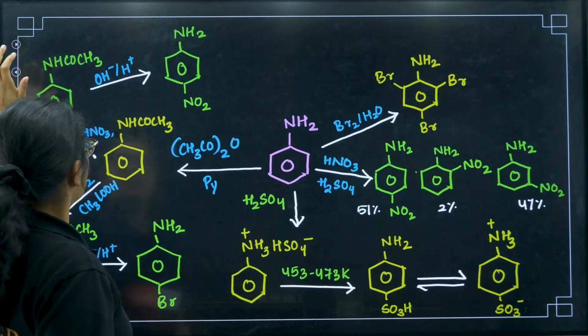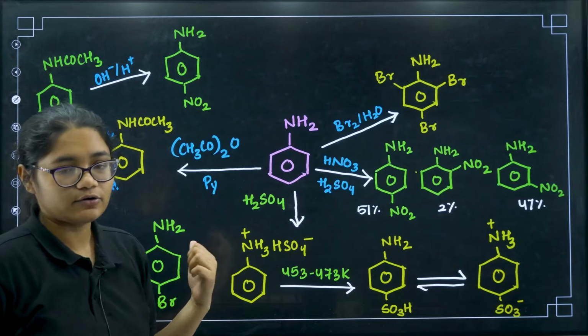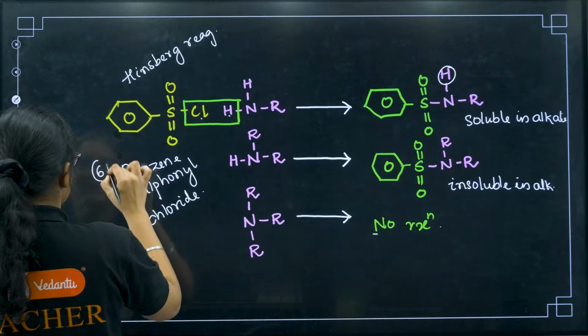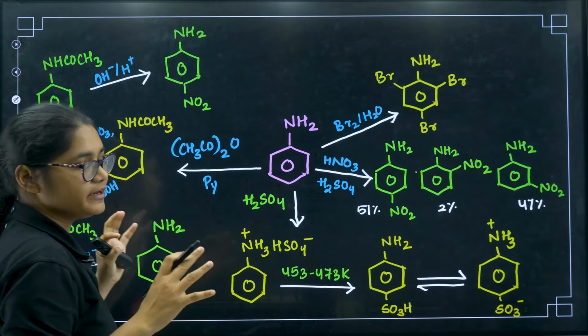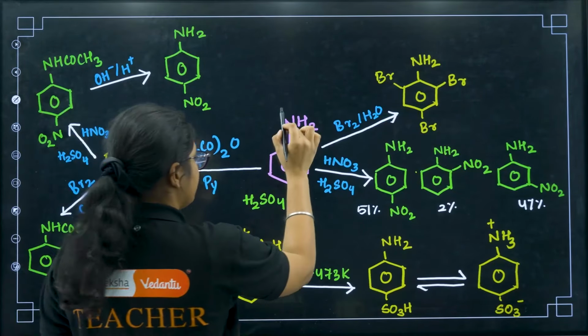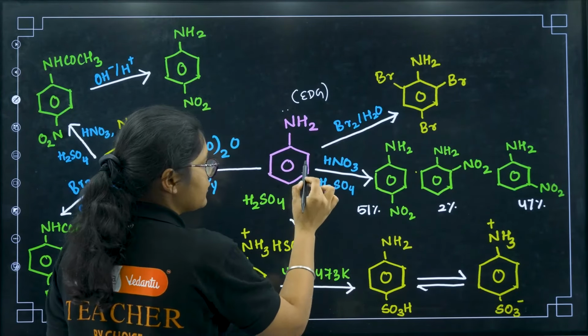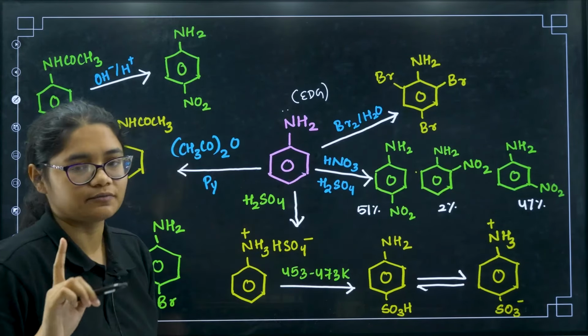Now we have this one, that is your electrophilic substitution. So this was your sixth reaction, and the seventh one is the electrophilic substitution reaction. Now see, NH2 is a very strong electron donating group, so it will donate electrons and ortho and para substitution will take place.